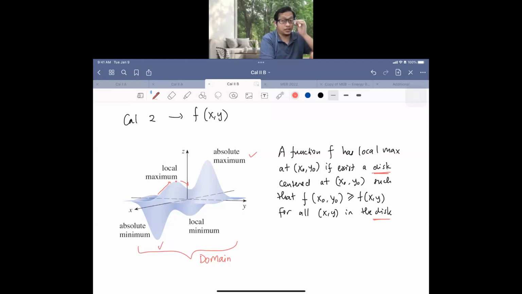So if we restrict the area, like here, just this circle, then among the circle, this point is the maximum one, and we say that it's a local maximum.